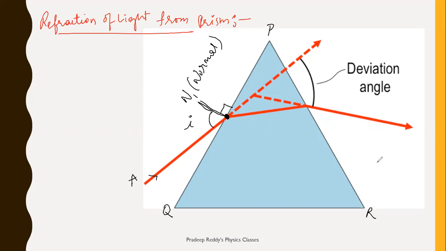I represent it with I. Okay. If suppose there is no prism, the light ray would travel in which direction? In this direction, right? So this is the actual path of the light ray.